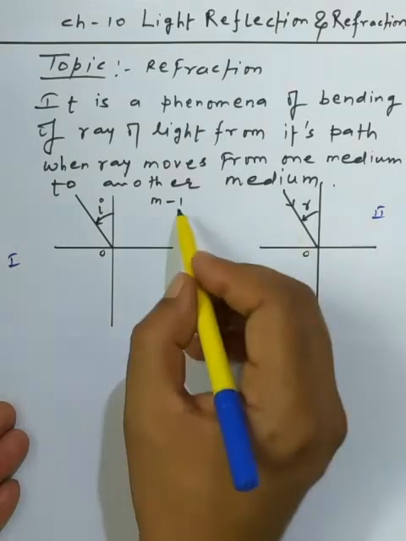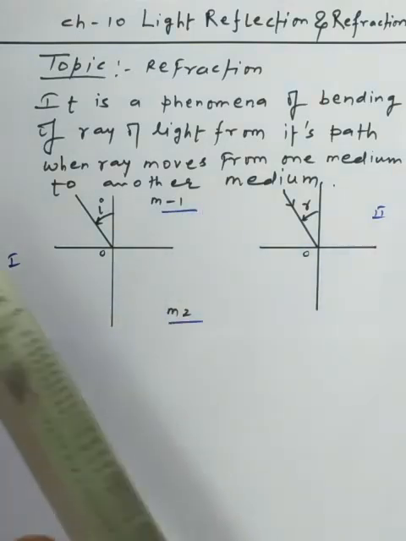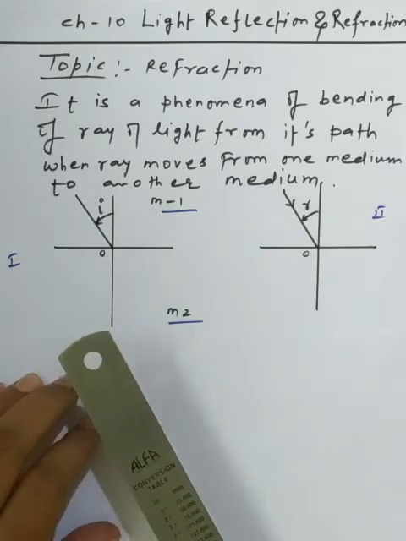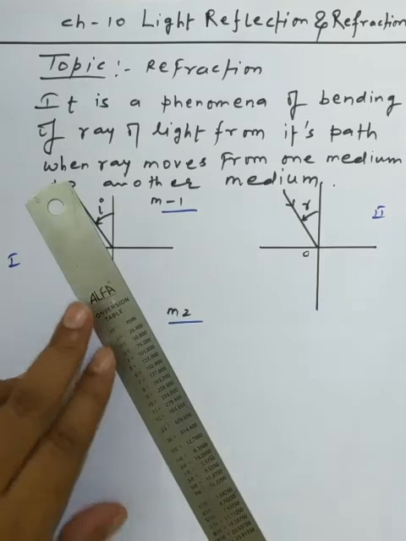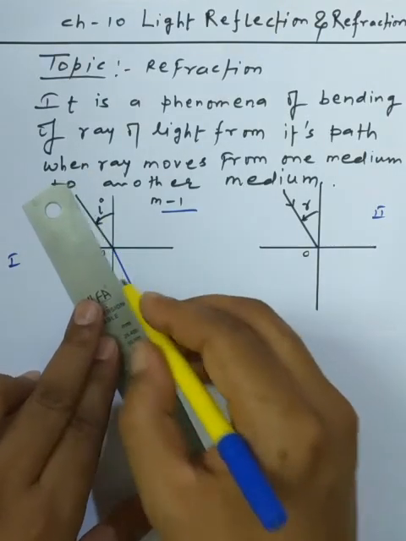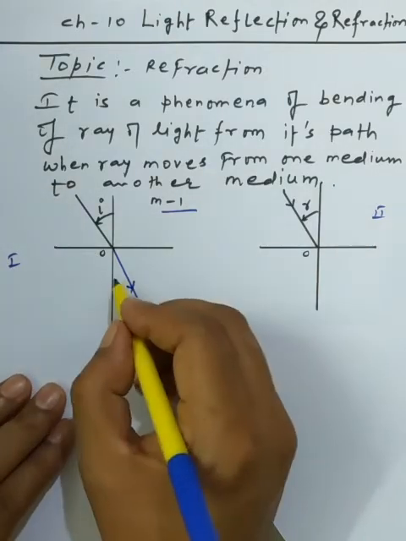And here we have medium 1 and medium 2. Now, a ray is incident at the point of incidence from medium 1 to the interface surface of medium 2. Now, it can bend toward the normal whenever it comes to the other medium. So it bends towards the normal.